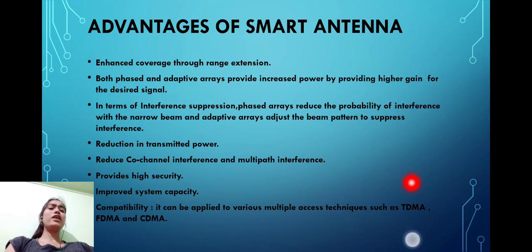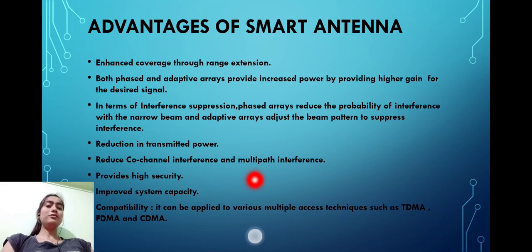As it is a very narrow beam, the chances of co-channel interference are reduced. Multipath interference is also reduced. In a conventional wireless communication system, there is a single antenna and single unit which will communicate, and hence there exists multipath interference, but a smart antenna will reduce the multipath interference.